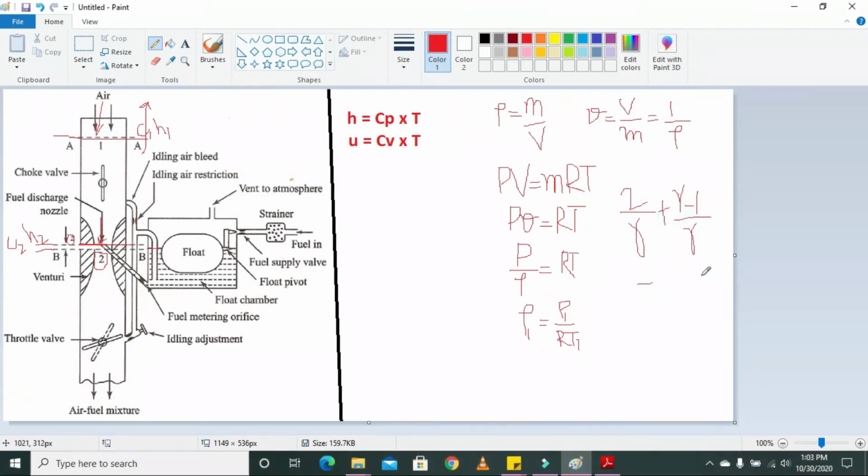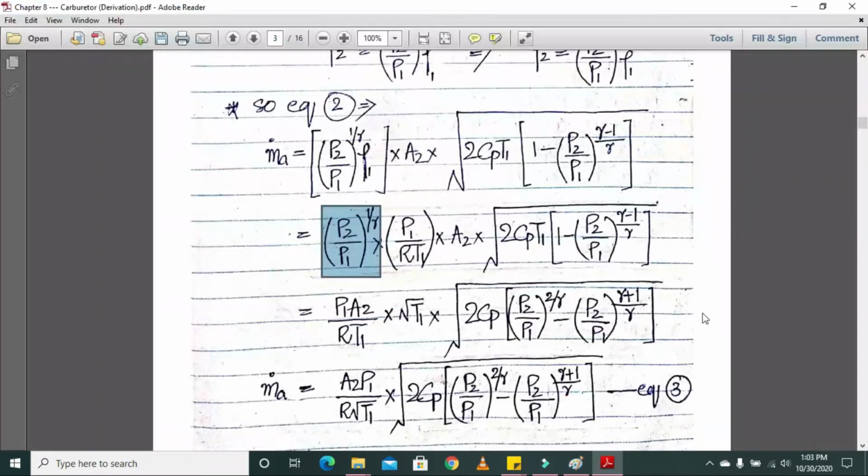Since the bases are same, the LCM would be gamma. We have simply taken the LCM here, then this will become gamma plus 1 upon gamma. This was a simple calculation of how this gamma minus 1 upon gamma has become gamma plus 1 upon gamma.